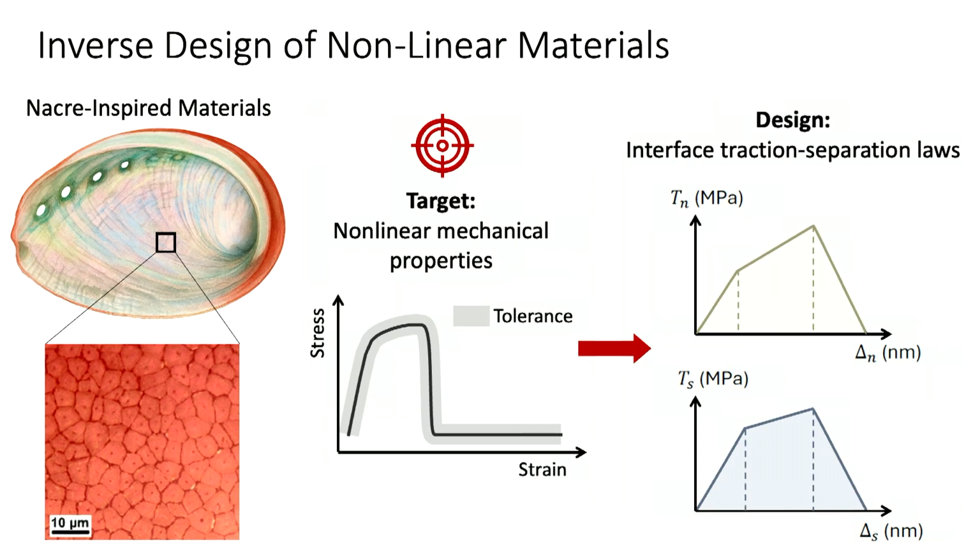It has a good property of, for example, high toughness. So we are interested in designing the stress-strain relation of this material, basically the nonlinear mechanical behavior, by controlling the interface material property, so the property of those soft materials.